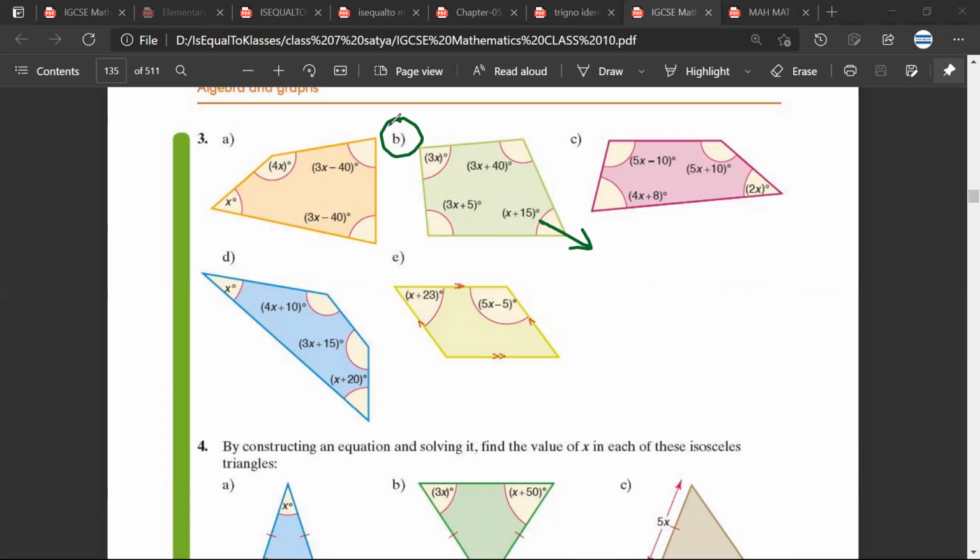So 3x plus 3x plus 40 plus 3x plus 5 plus x plus 50.